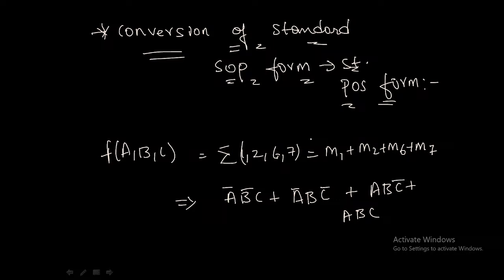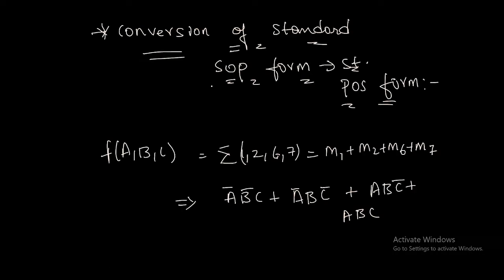After incorporating the missing minterm numbers of the original function, we can get the complement of the function f of a, b, c, which can be given as f bar of a, b, c.